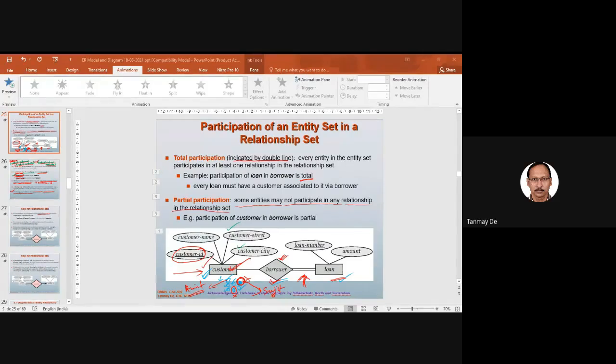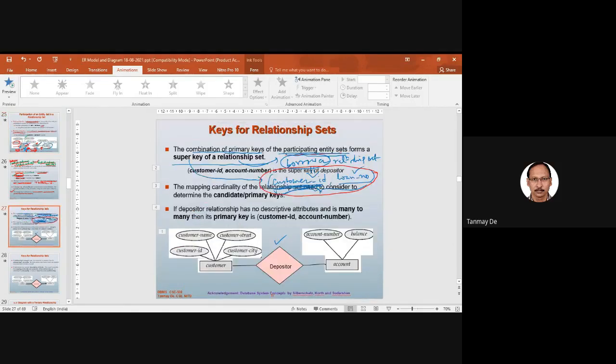I think there is a network problem. Now is it visible? Slide number 27. I think there is a network problem. I will stop presenting and share my screen again.